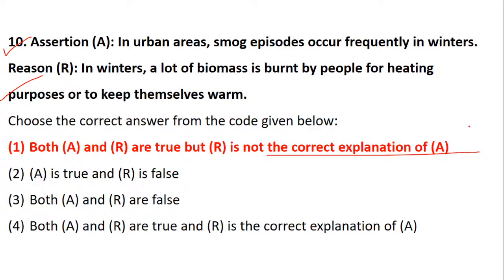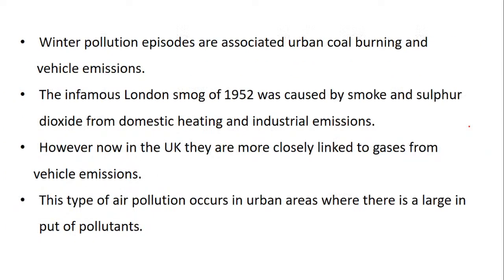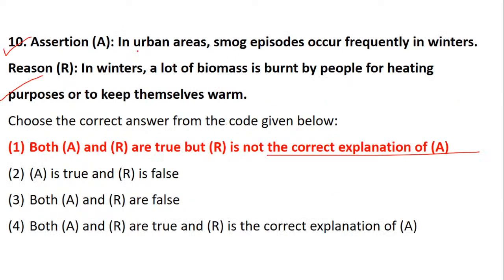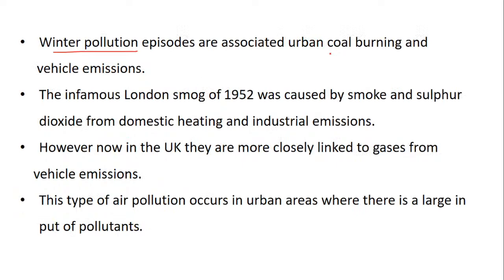Now let's understand it a little bit. I have brought points for you people also. See what it is talking about: winter pollution. Here the question was about smog episodes. But we can't say that smog is occurring only because of burning of biomass. It is associated with burning as well as vehicle emissions.